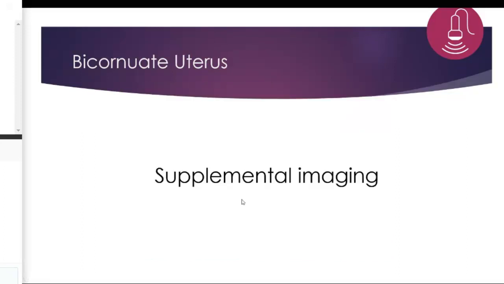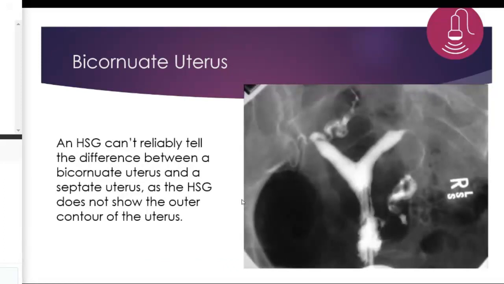So supplemental imaging for bicornuate uterus. So HSG. So we can tell that this uterus definitely has cavities that splay to the left and the right, but we can't tell if this is bicornuate or septate, and that's because we can't see the myometrium.